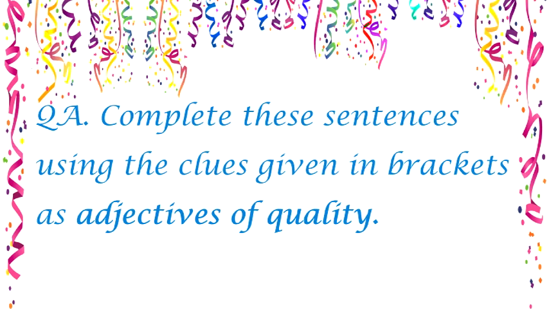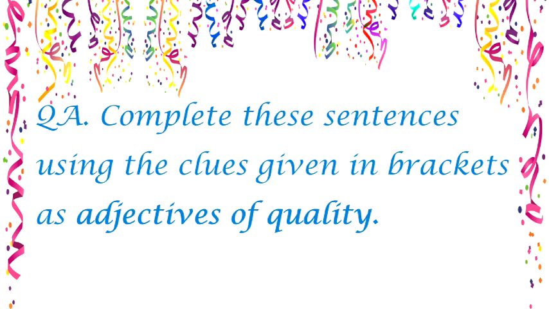The first kind which we had previously done was adjectives of quality. Now, what do you mean by adjectives of quality? Yes, you're right. The adjective words, the describing words that talk about the size, shape, color, taste, origin, material, utility, etc. about any noun or pronoun.